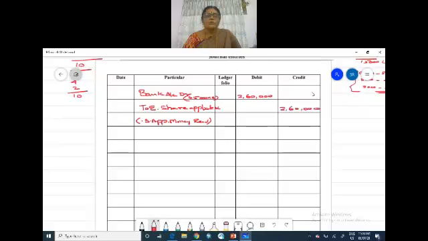So how much is actually going to be transferred? Equity share application account debit to share capital account, application money transferred to share capital.